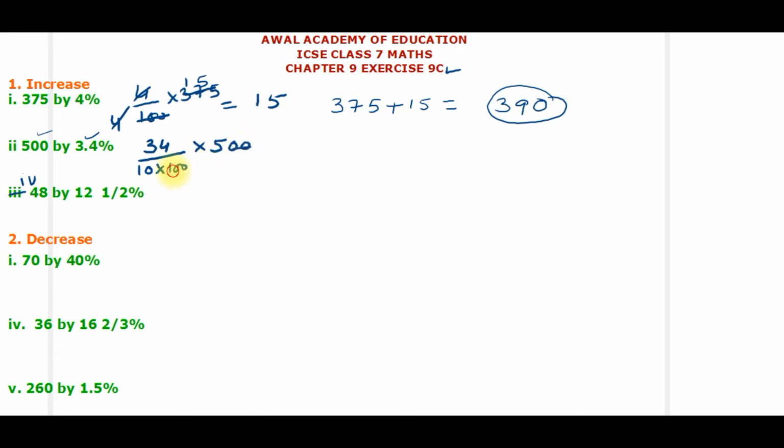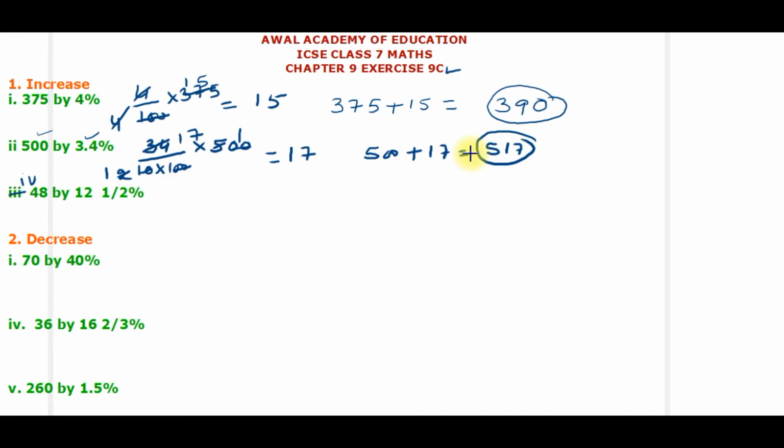This cancels this, and it comes out to be 17. So the total number after increase would become 500 plus 17 equal to 517. This is our required answer, right?